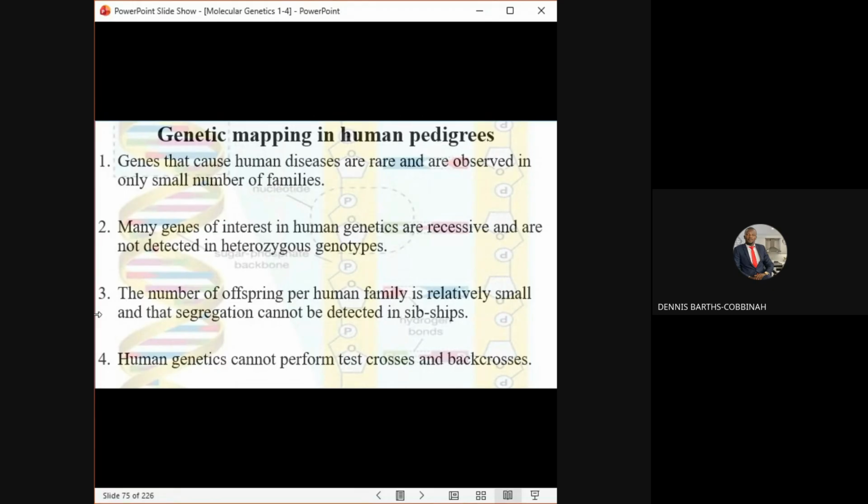That is, the individual carrying two tallness alleles or one tall, one short allele. So you would want a child who is exhibiting shortness. If a child exhibits shortness, it means they have double recessive alleles, short and short.